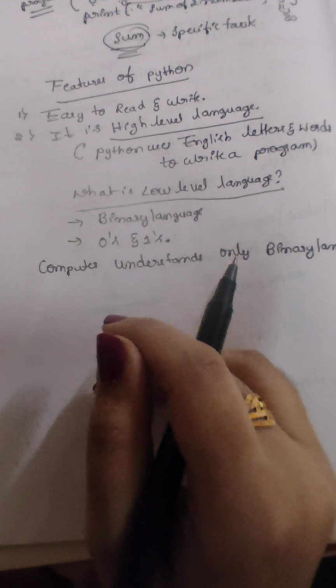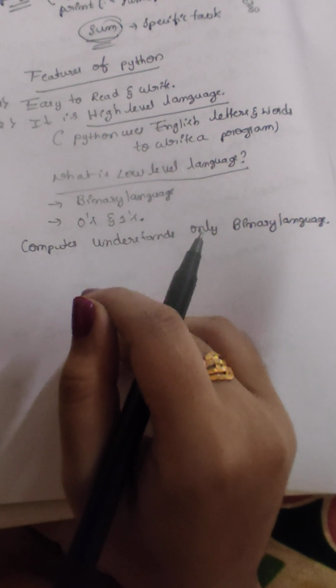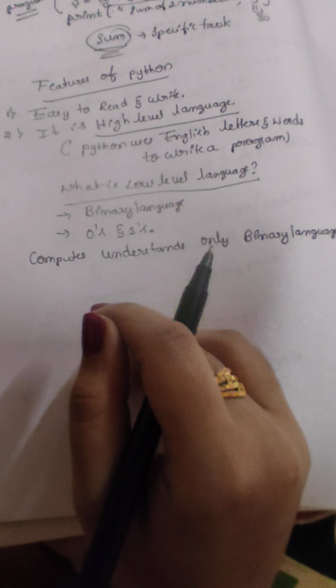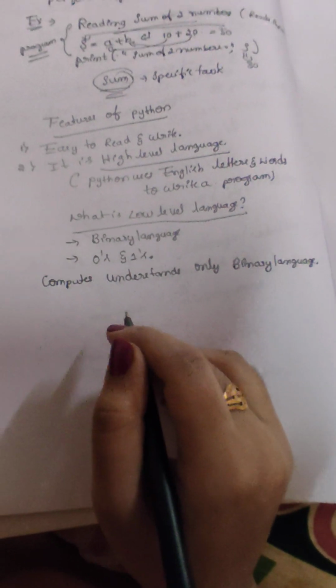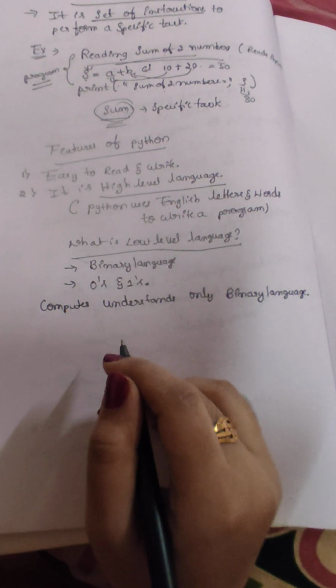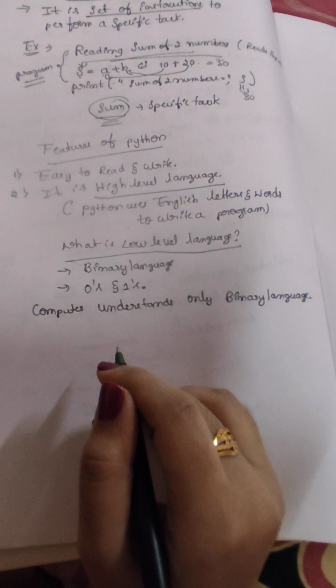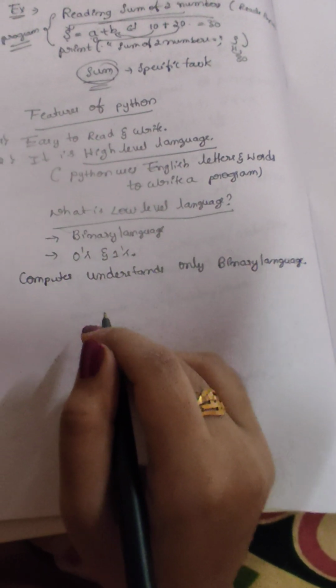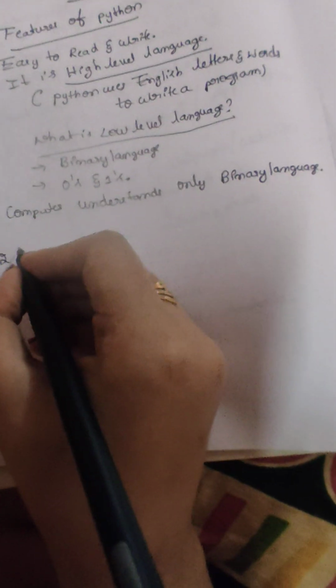We can understand our high level language, but our computer is not going to understand our Python programming language. So as human beings, it is very difficult for us to convert from high level language to low level language. For that we need software. We have two types of software.